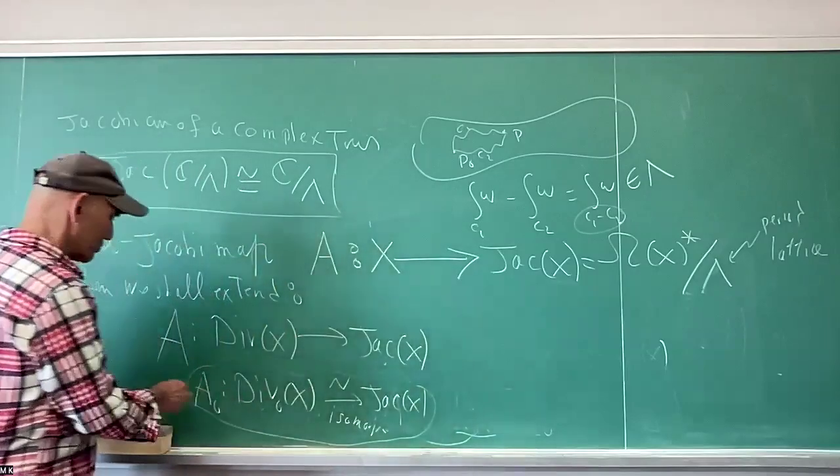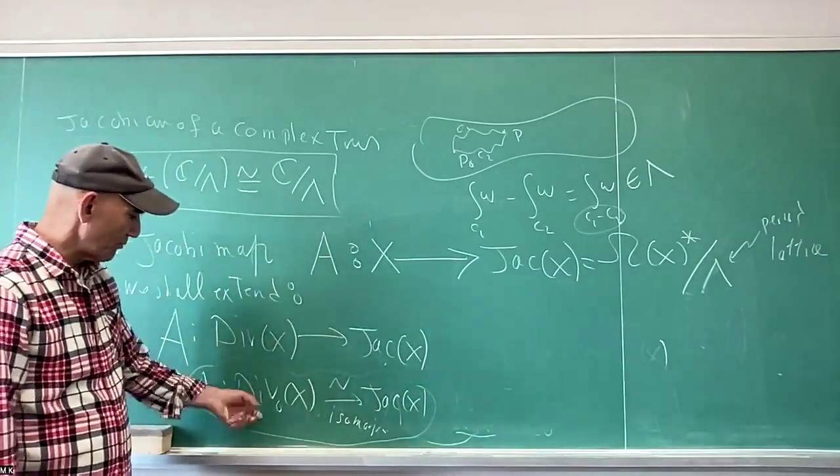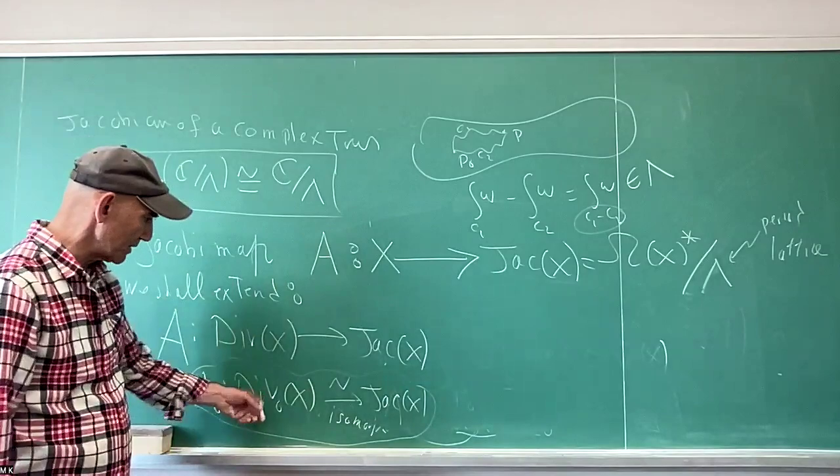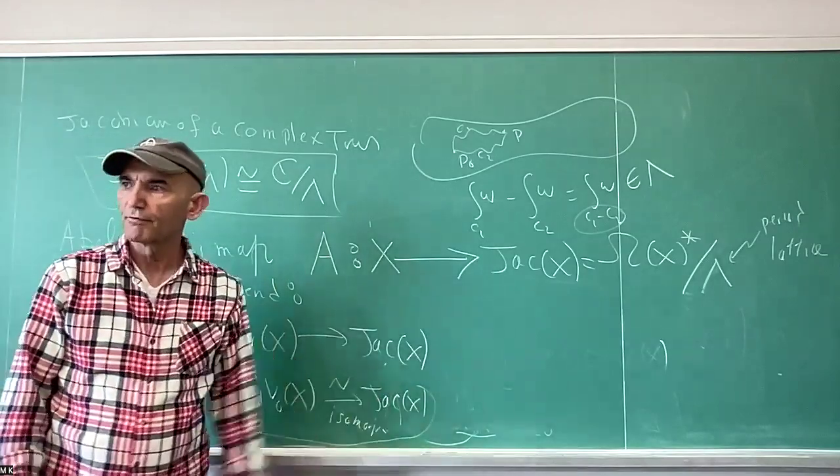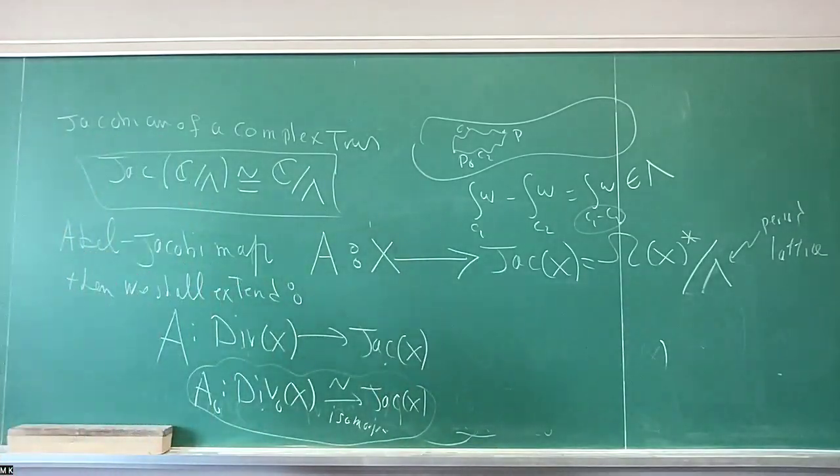This Jacobi map gives you a one-to-one correspondence between zero-degree divisors and the Jacobian of the curve, the Riemann surface.